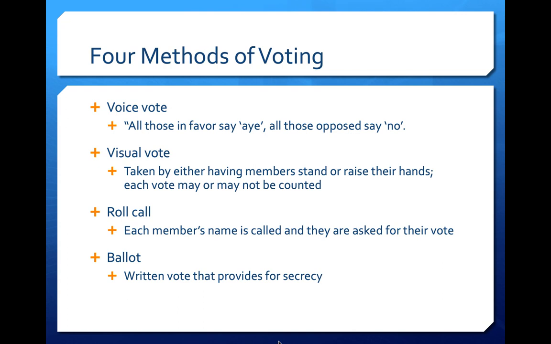That's what we do whenever we vote for politicians. And to be honest, it's probably the way where people can most freely give their opinion because they don't have to worry about people knowing how they voted. So if you want secrecy whenever you vote on something, secret ballot is the best way to do that.